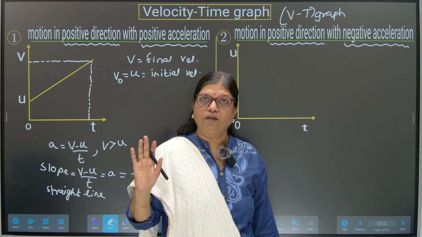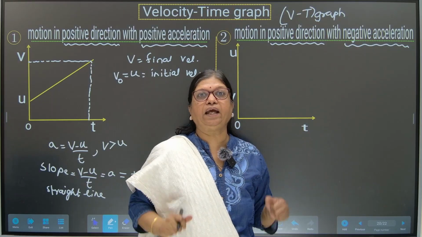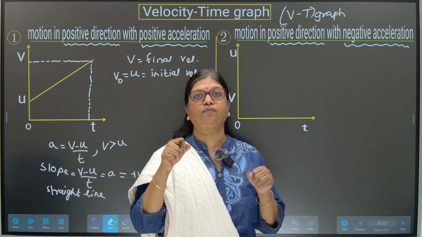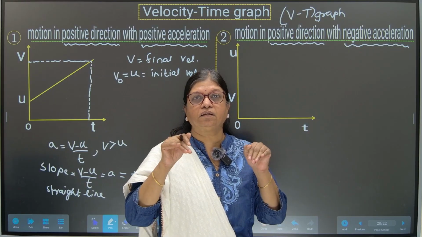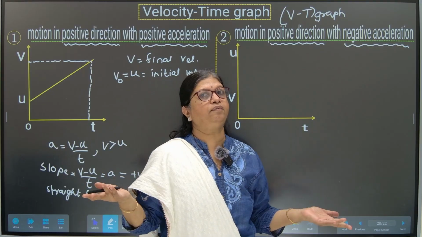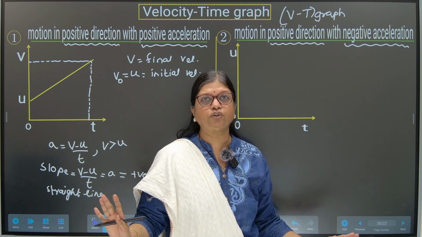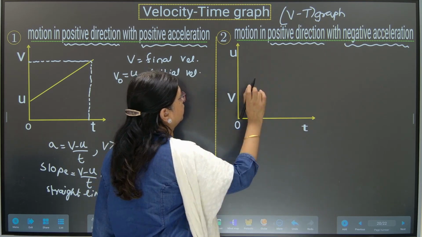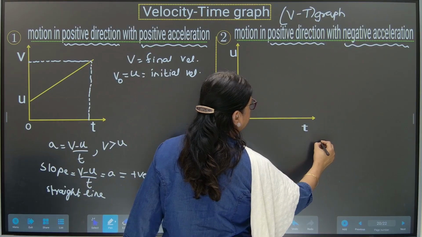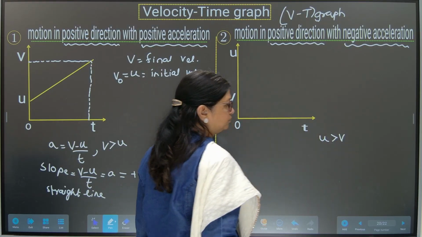Fine. So in that condition, how do I draw the graph? I am in a vehicle, I have applied a brake and the vehicle has stopped. So final velocity is 0 or less than the initial velocity. So if at all the acceleration has to be negative, then u is greater than v.